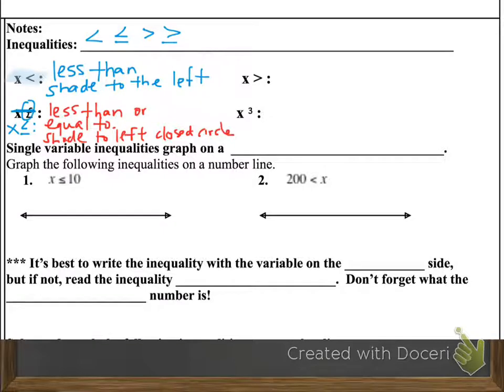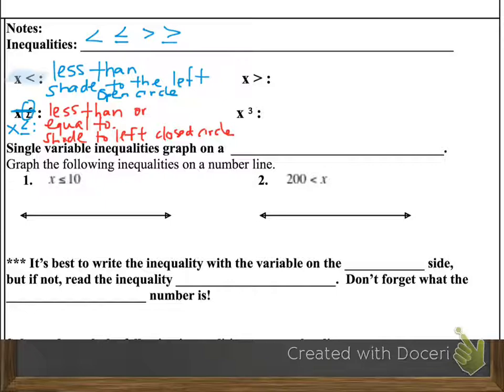And again, I apologize for my handwriting. I'm trying to write really small on this. But we will talk about this open. On the other one, the top one, is an open circle. Okay? And we'll talk more about the shading and the open and closed circle as we go.